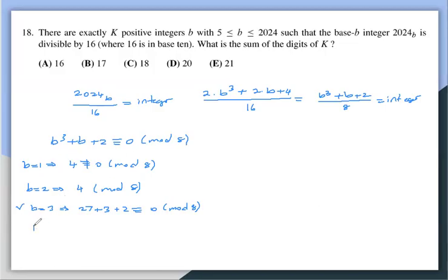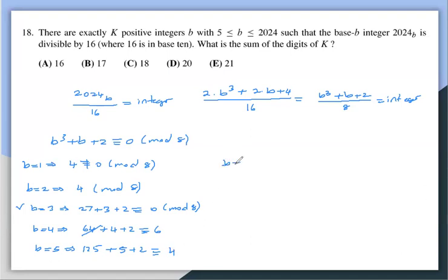The next one, b is 4: 64 plus 4 plus 2, 64 is a multiple of 8, and that leaves 6, which is not congruent to 0, so that doesn't work. If b is 5, 125 plus 5 plus 2: 120 is a multiple of 8, so 5 plus 5 plus 2 is 12, which is congruent to 4. It's not 0, so that doesn't work.